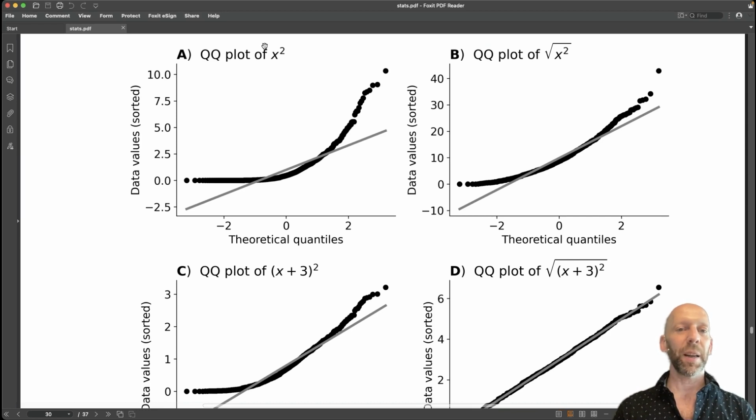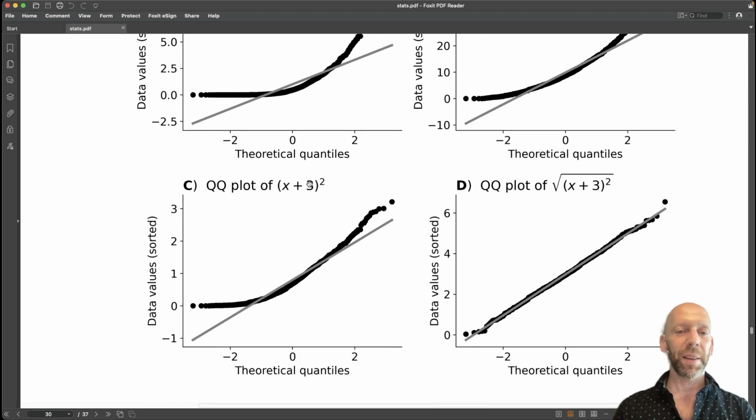So a QQ plot of x squared, a QQ plot of the square root of x squared, and here we have x plus 3 squared and the square root of x plus 3 squared. And it's pretty obvious that this looks really great. This looks really close to a normal distribution. And then you can also repeat this plot for the log transform of x versus x plus 3.